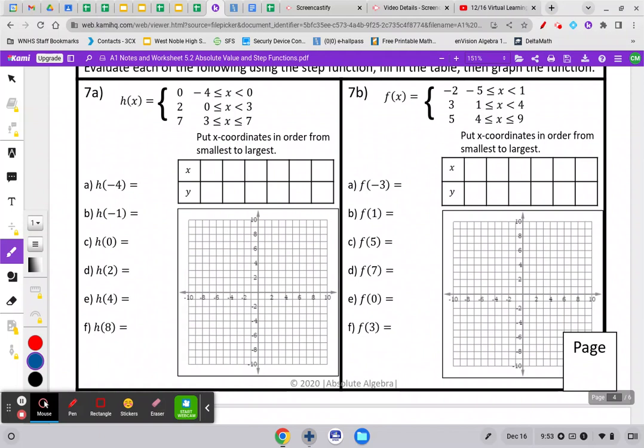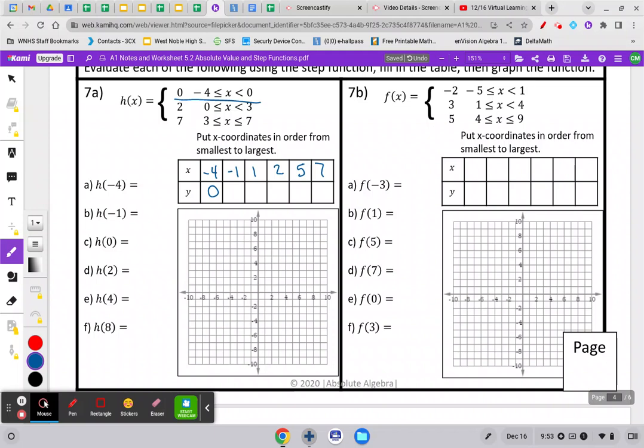From here, we're just going to choose some x values. So I'm going to put x coordinates in order from smallest to largest. I'm going to choose some random ones. And then I check to see where these are in the ranges. So x equals negative 4 is in this one, so our y value is 0.